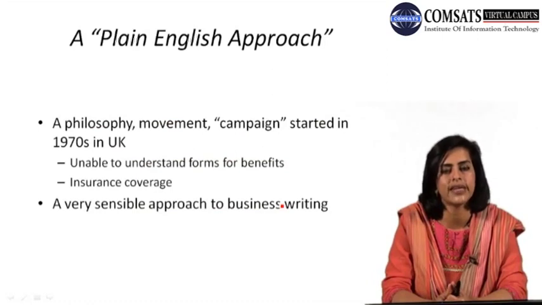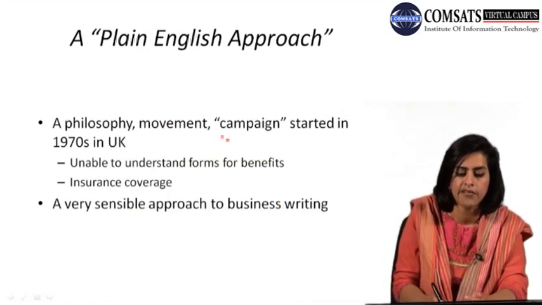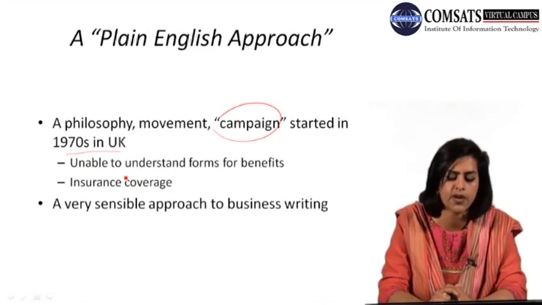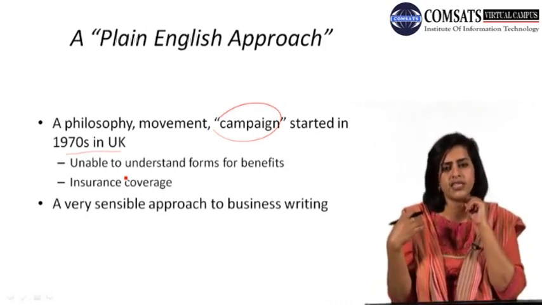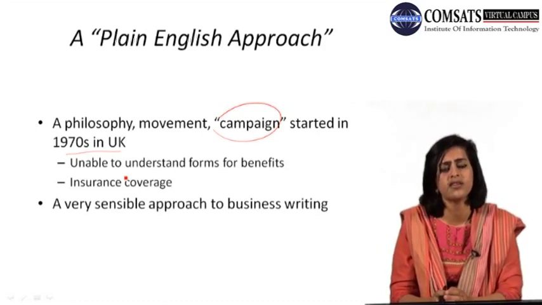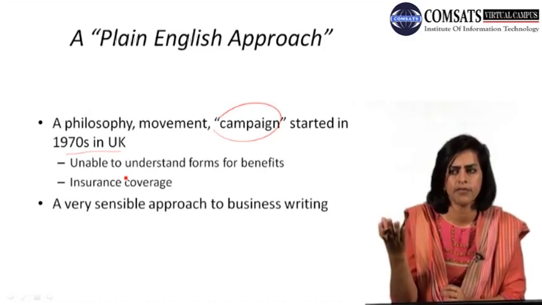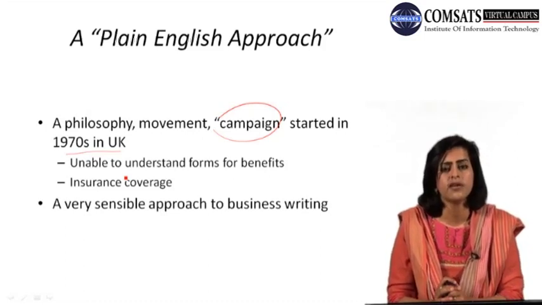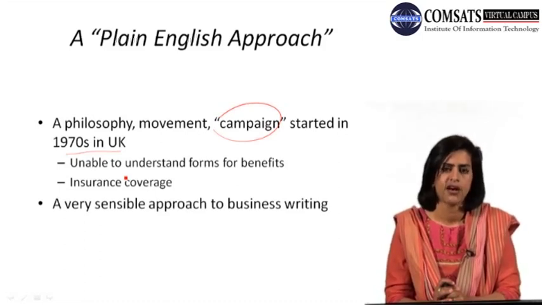The plain English approach was a philosophy or movement, a kind of campaign, which started in the 1970s in the UK, when people were unable to understand different forms for benefits. In the 1970s in the UK, there were some forms, some kind of advertisement, being sent to people about benefits, but they were unable to understand them because of the heavy English written there.